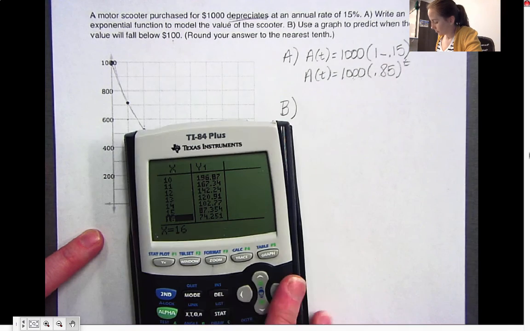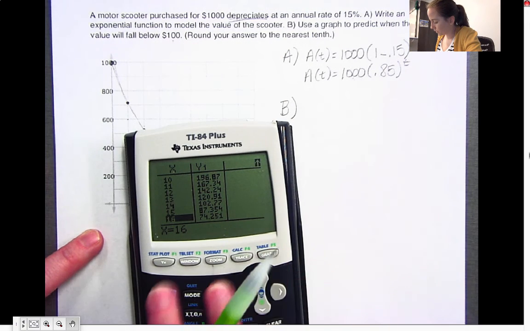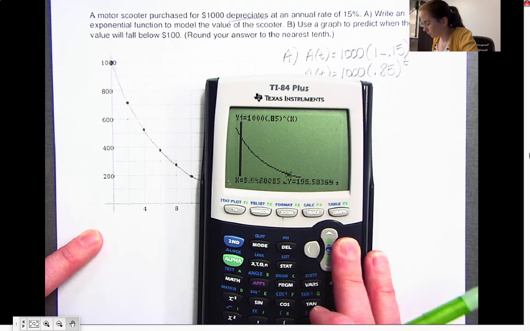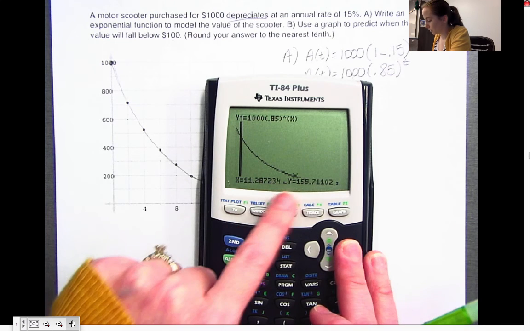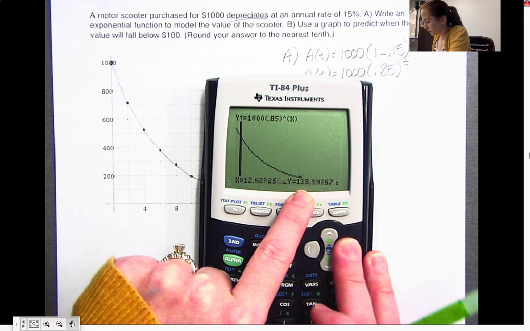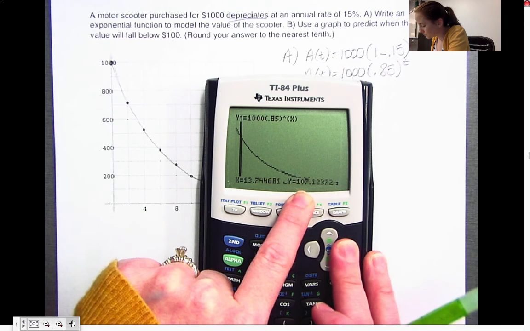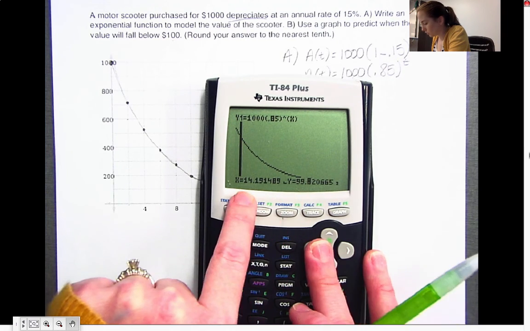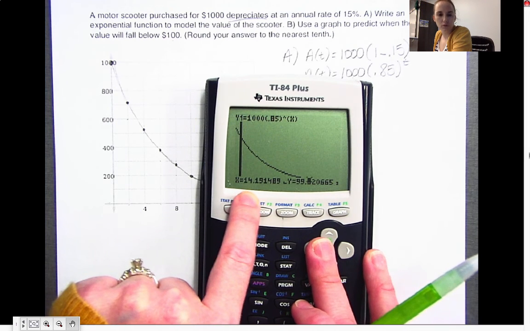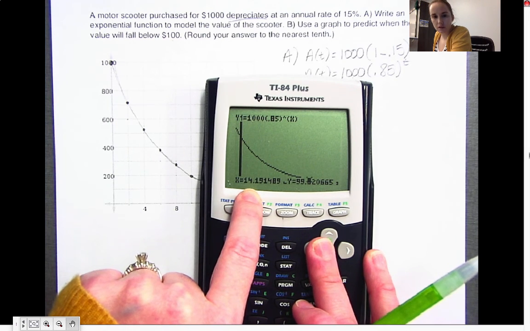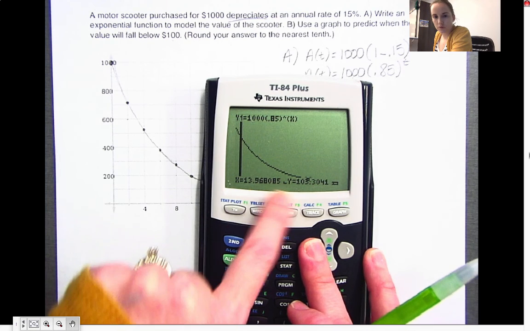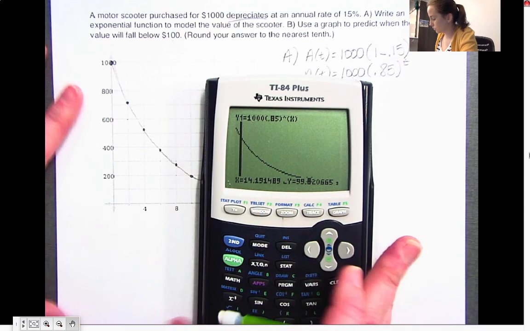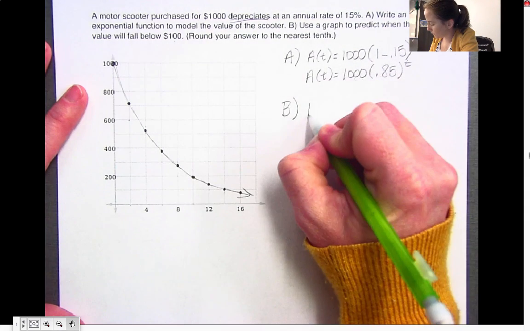So if we go to our graph and trace, we're looking for when it falls below 100. There it is. So at 14.2 is what we're going to round to because it's the nearest tenth. One space above it was at 103. When we hit it one more time, it's 14.2. So approximately 14.2 years.